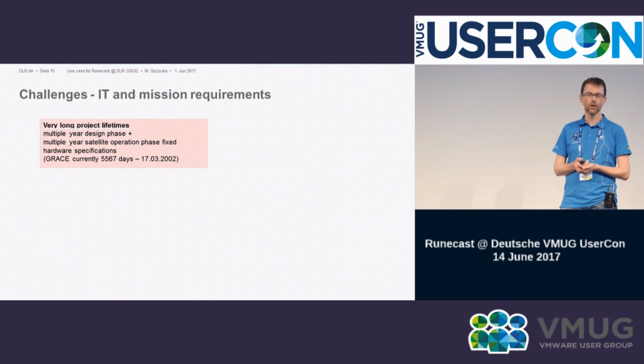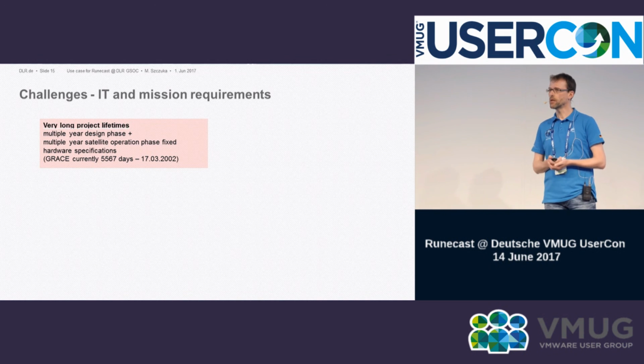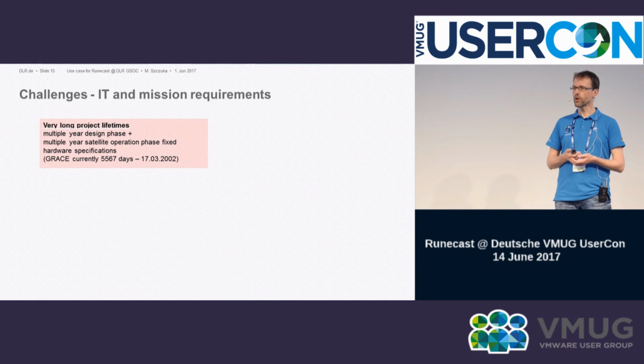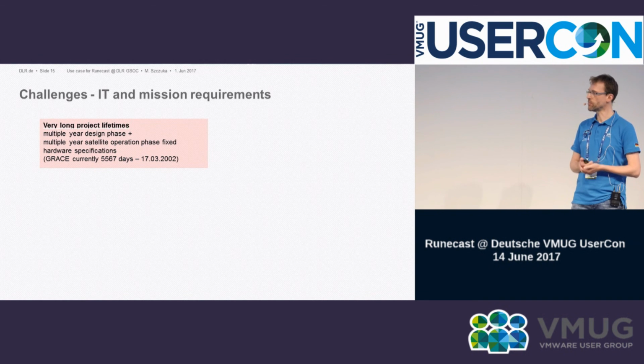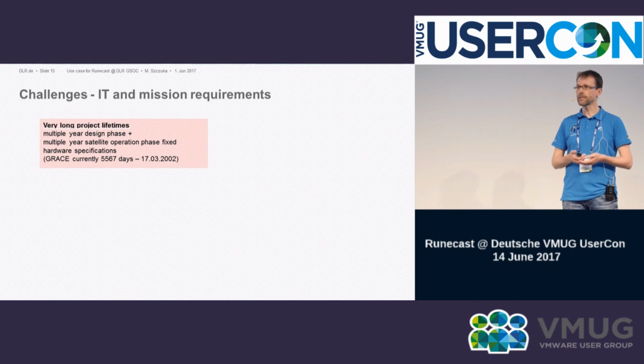Those may differ from what usual IT projects look like. For example, the project lifetime of one of our projects, namely a specific satellite mission, can and in parts actually is multiple decades.